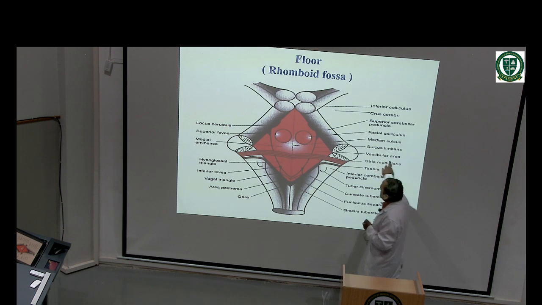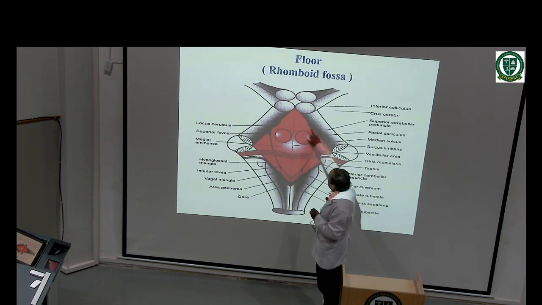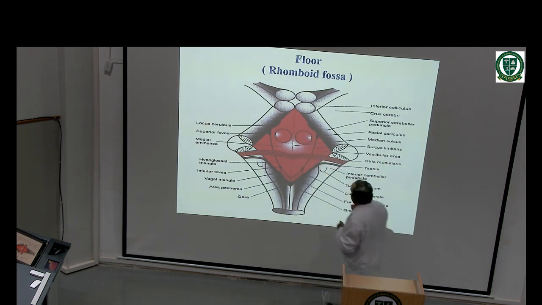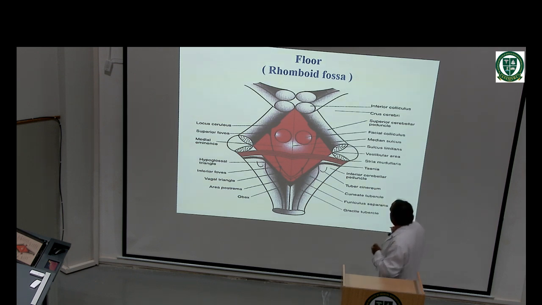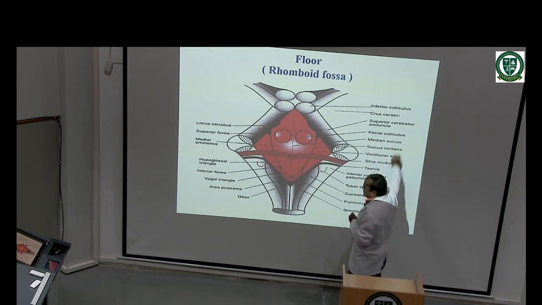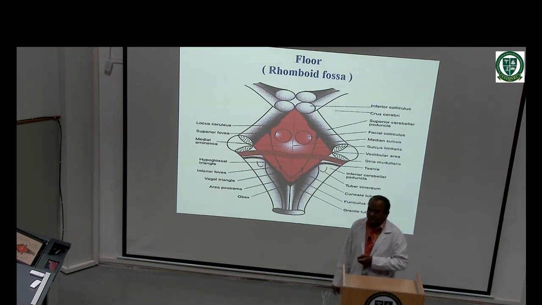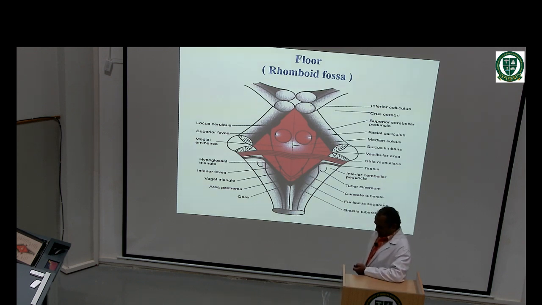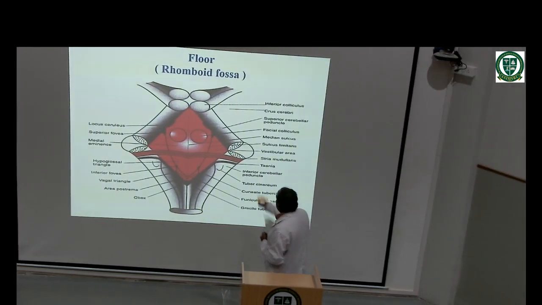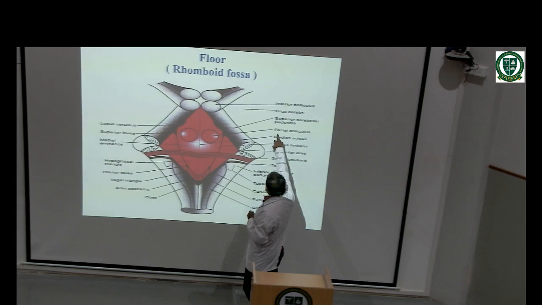The medial eminence has a circular or oval shaped structure called the facial colliculus. This is because of the internal genu of the facial nerve: the facial nerve fibers wind around the abducent nucleus, and because of that the facial colliculus is formed.